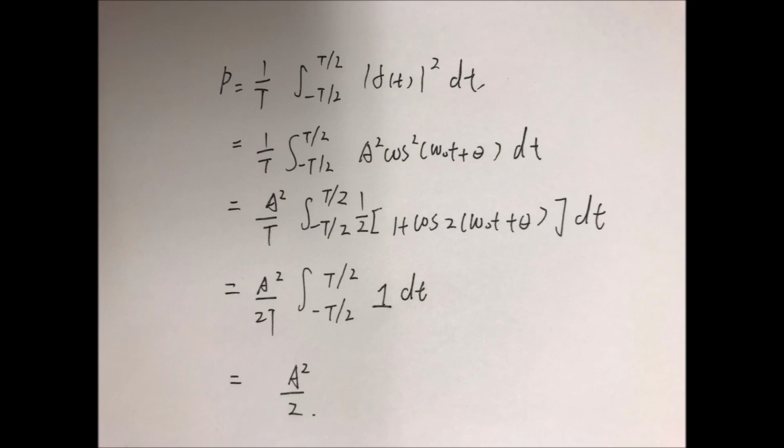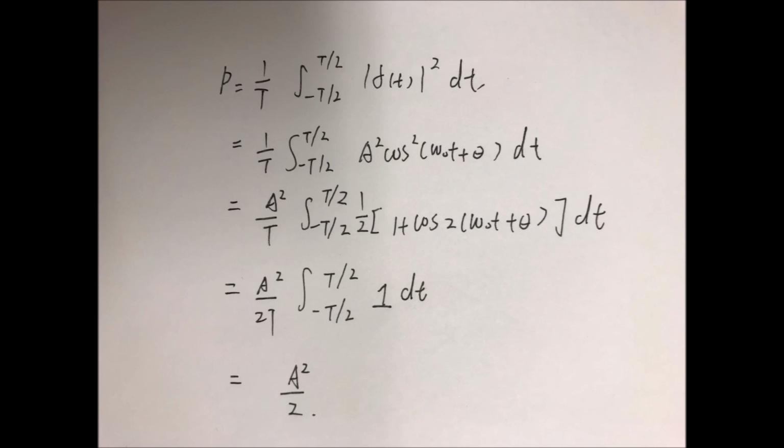How about the second part? It is 0, because a cosine signal over whole periods always gives 0. So we have a squared over 2T, times T, integral of 1 dt, and we get a squared over 2.